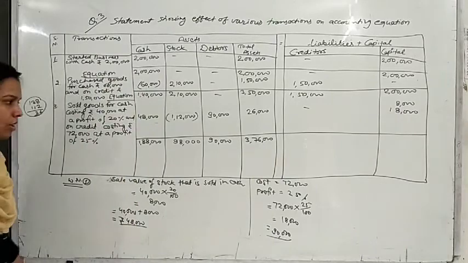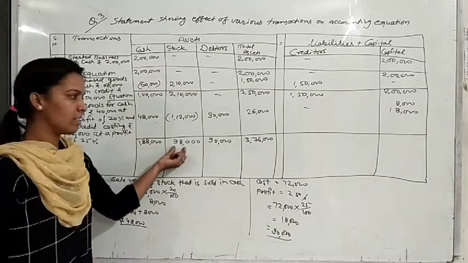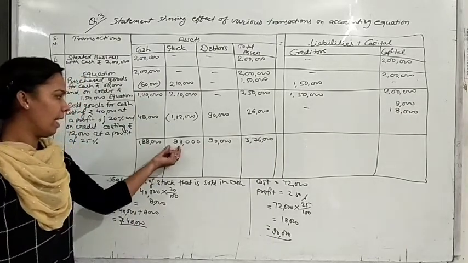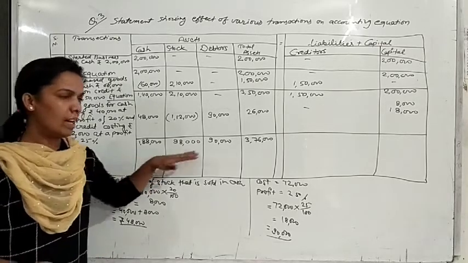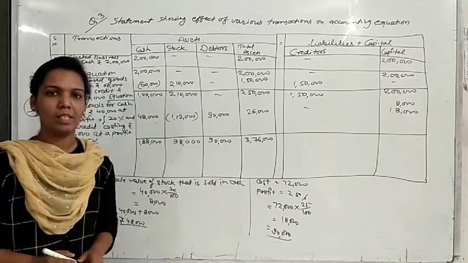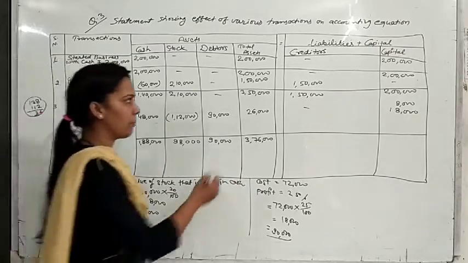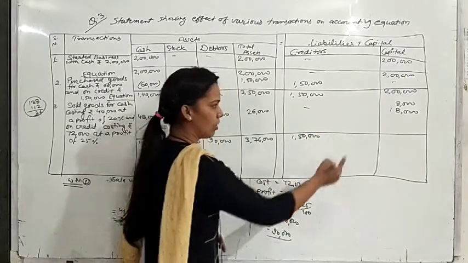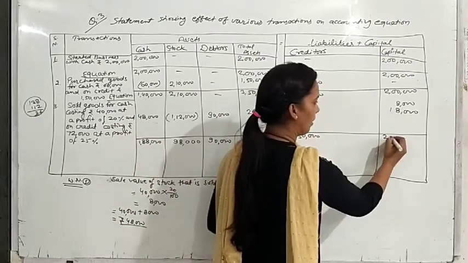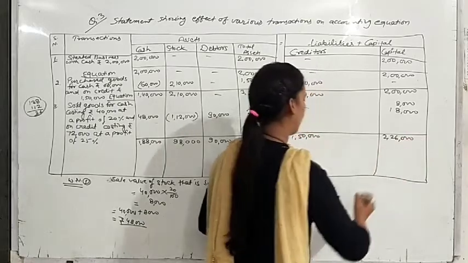You can check it horizontally also. 88 plus 16, that is 1, 10, 9, 19, that is 37. It means horizontally and vertically your total assets are of rupees 3,76,000. Creditors 1,50,000 and capital, that is 2,26,000.